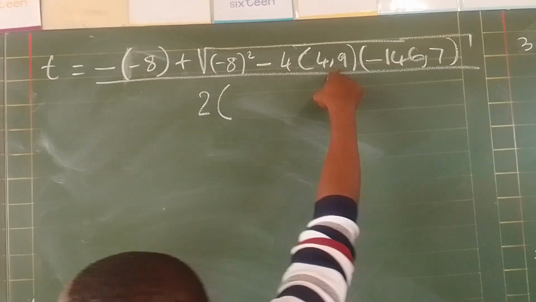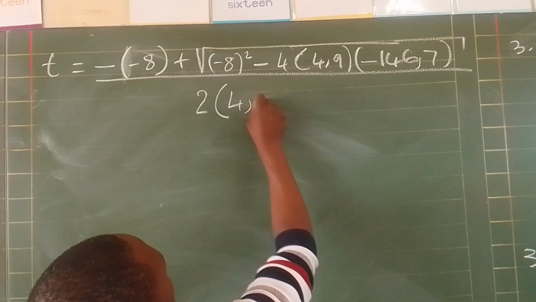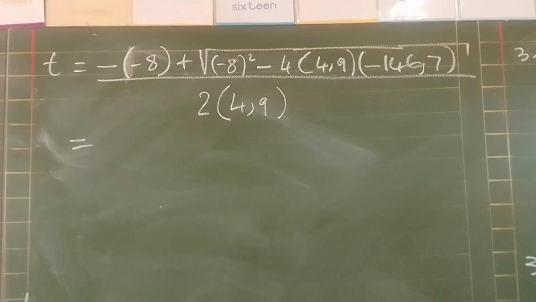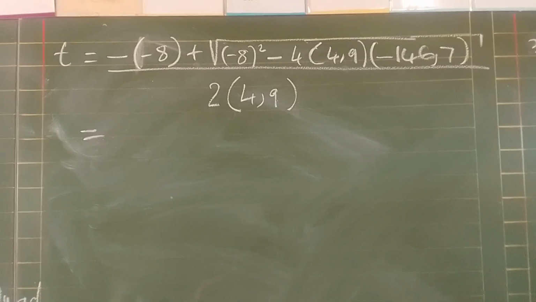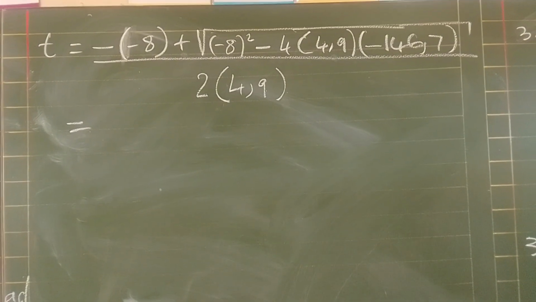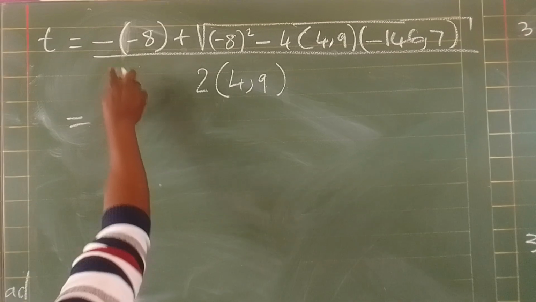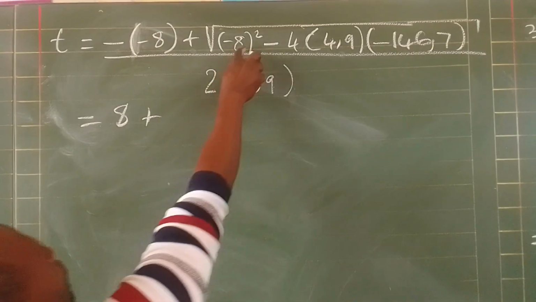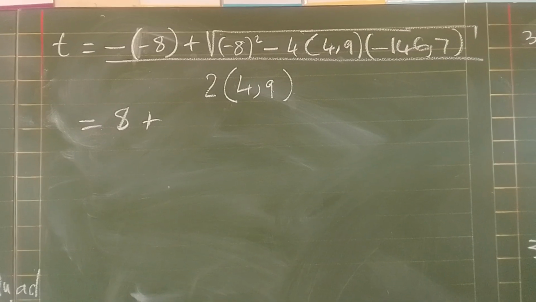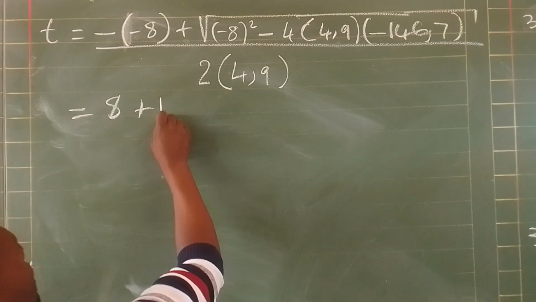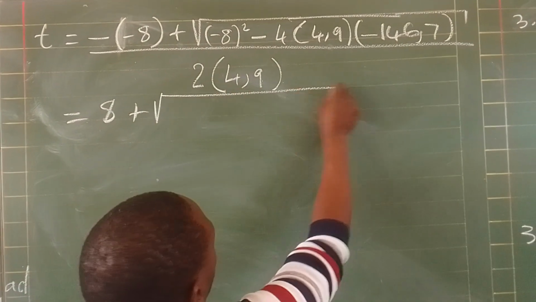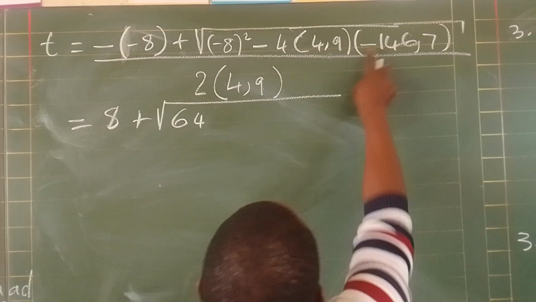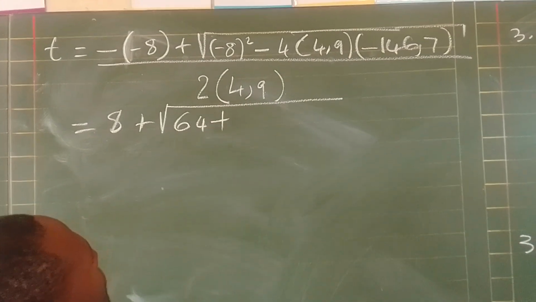Our a is 4.9. This is a part of mathematics we all know. You can go and do it, but let us do it together. A negative times a negative is positive. 8 plus the square root of 8 squared, which is 64.